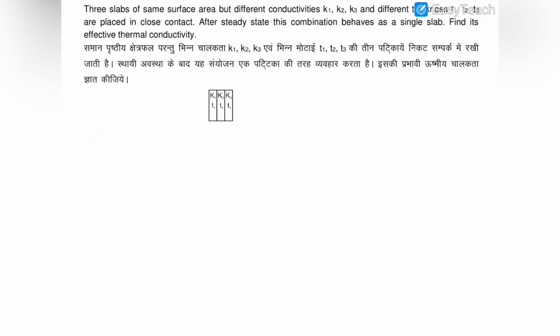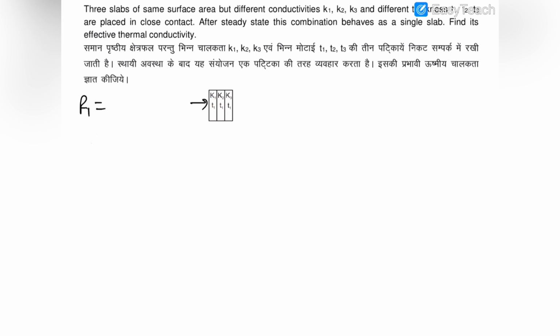So let us first of all see that these are in series combination, and the resistance R1 of the first one is equal to L by KA. Now you should always know that the length which is used in resistance, L by KA, is the length along which the heat travels.